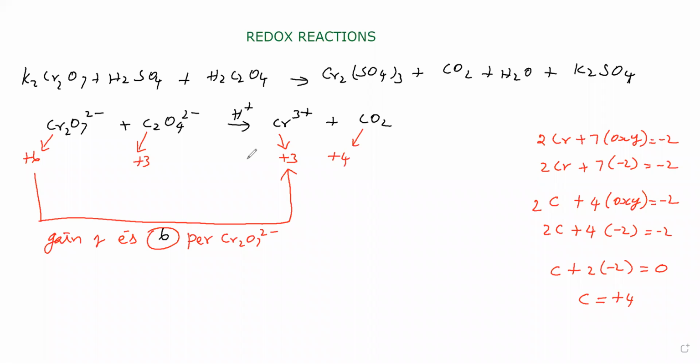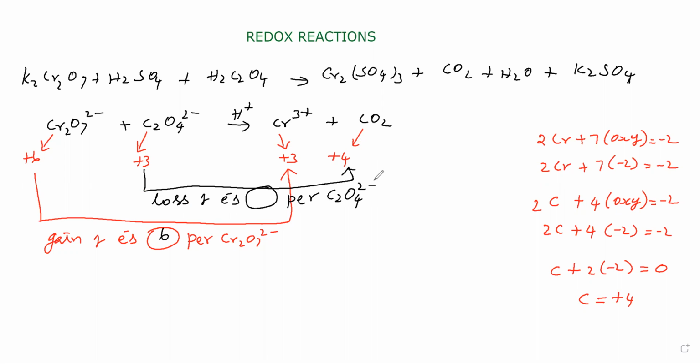Then we will see carbon. This carbon +3 is converting into +4. An increase in oxidation number is oxidation, by losing electrons. So, loss of electrons per oxalate. Oxalate formula is C2O4 2-.